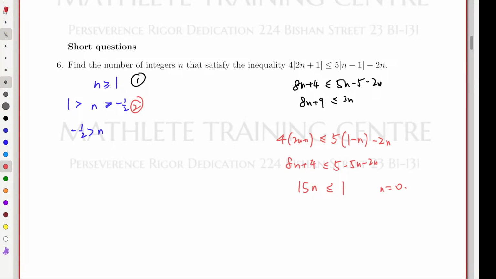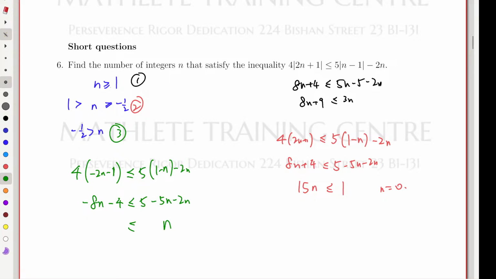And finally, for the last case here, where n is less than negative half, how many works here? Well, in that case, the left-hand side is no longer 2n plus 1. It is negative 2n minus 1, because this will be positive now. And then on the right-hand side, I have 5 times of 1 minus n minus 2n. So it is minus 8n minus 4, 5 minus 5n minus 2n here. When you move all the n to the right side, you can get n here.